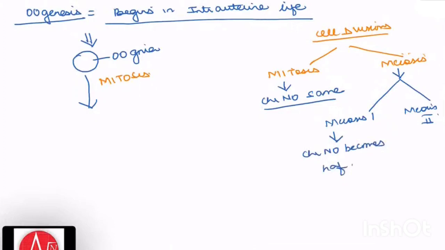After meiosis 2, chromosome number remains the same. ठीक? So oogonia में mitosis होगी and a primary oocyte will be formed.